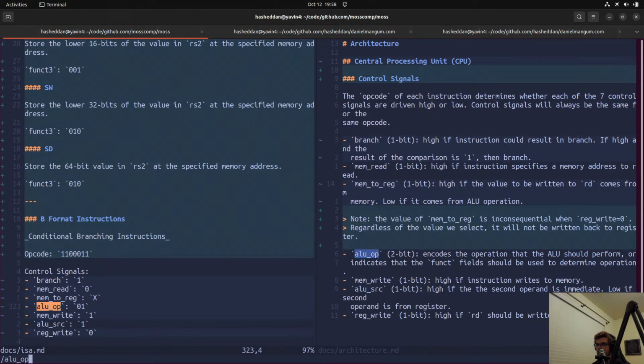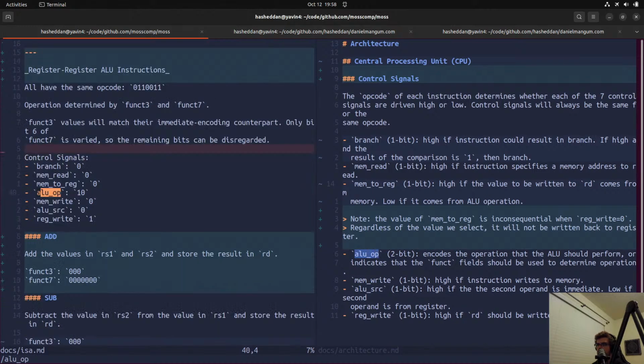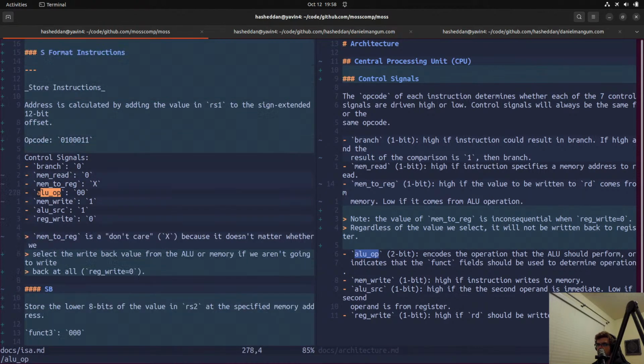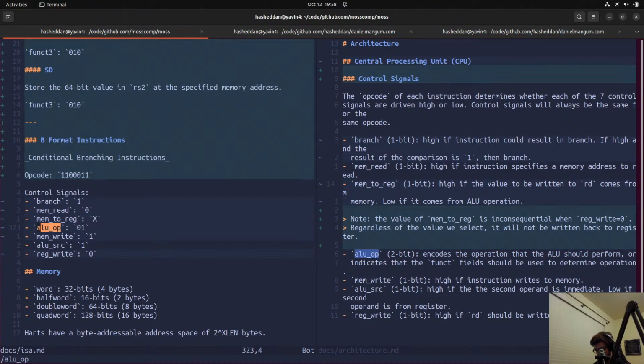ALU op 1, 0, register, register. Okay, no, we haven't seen this before. So maybe look at funct3 to determine, yeah, it's still look at funct3, but maybe with branching, perhaps. I don't know, maybe that'll become more apparent to us.